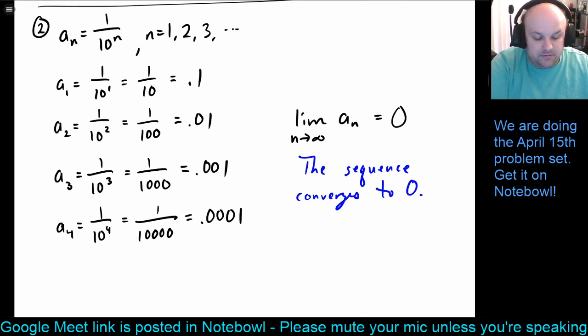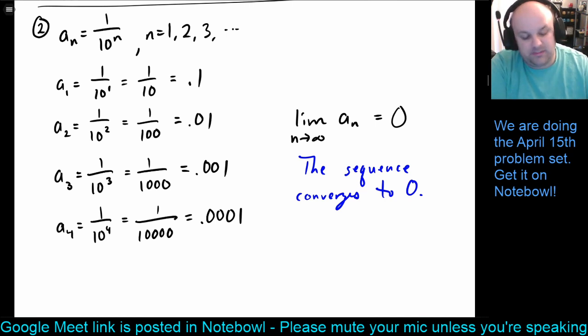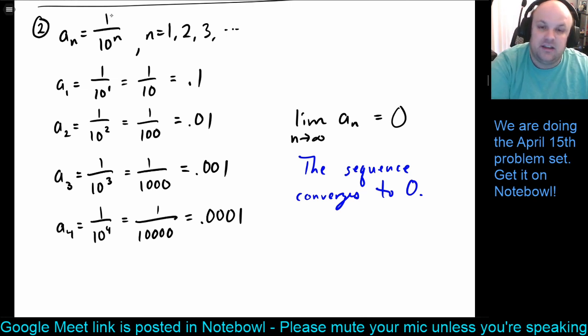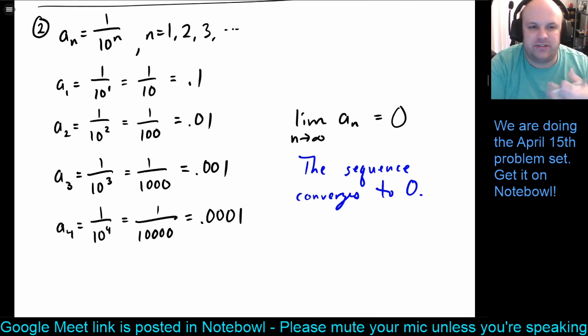Normally what we do here is we look at the explicit formula, and we can say, look, the top is going to stay 1, the bottom is growing, it's getting larger and larger. So just using our knowledge of limits from first semester calculus, we can say, well, this has got to be going to 0. So we can really treat these just like we treated limits last semester.